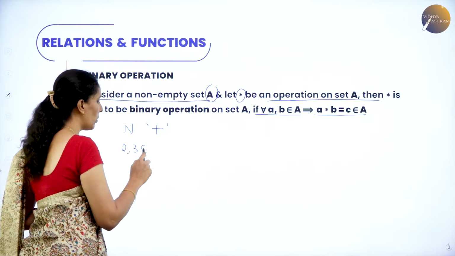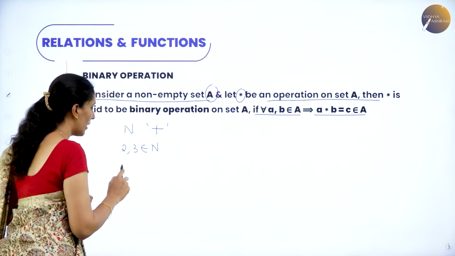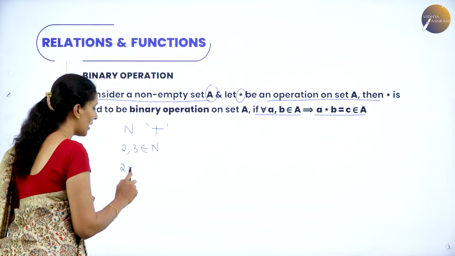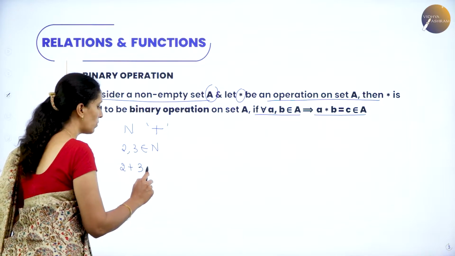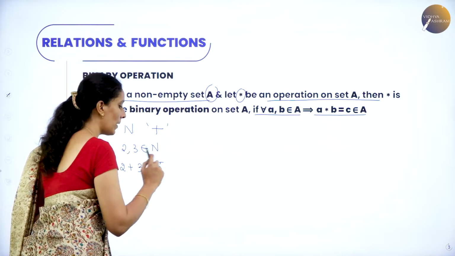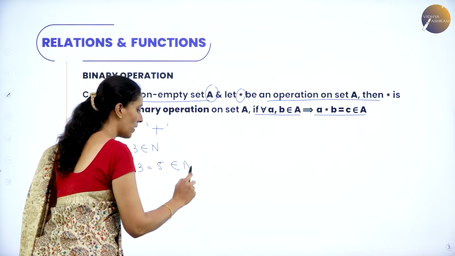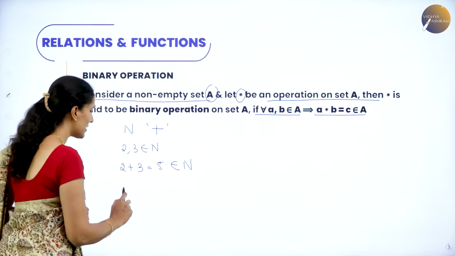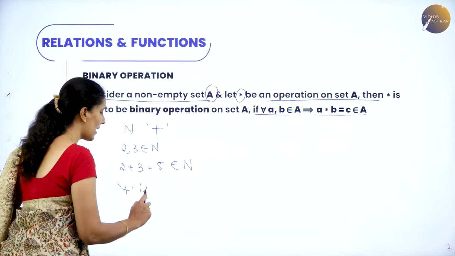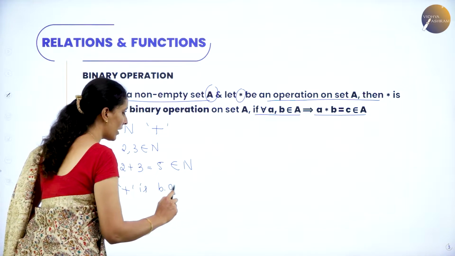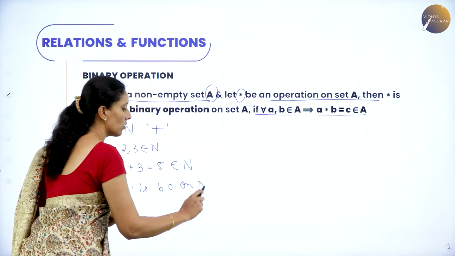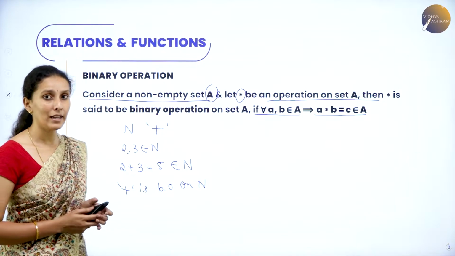We know that 2 and 3 belong to N. Let's take the binary operation 2 plus 3. What is 2 plus 3? 5. Does 5 belong to N? Yes, 5 also belongs to N. Then only we say plus is a binary operation on N.